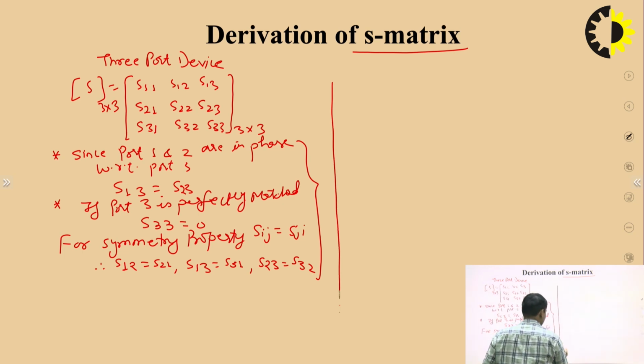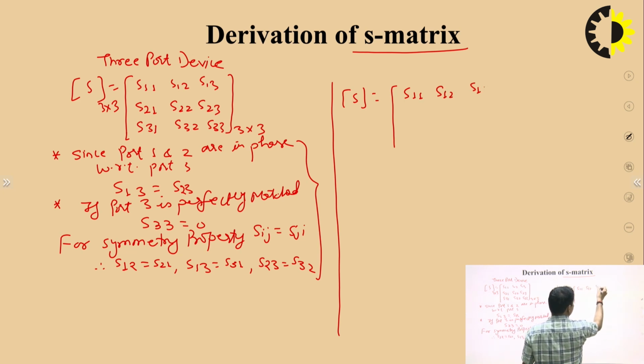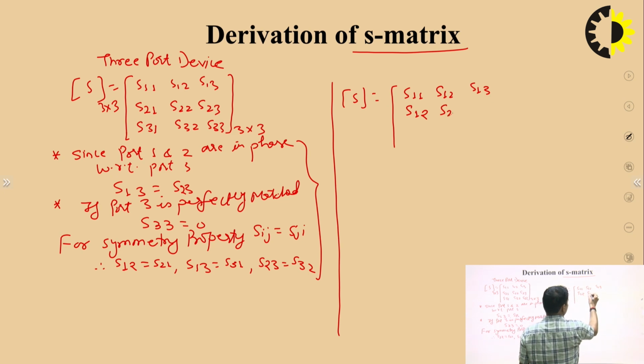So the S matrix can be simplified as S equals S11, S12, S13; then S12, S22, S13; then S13, S13, and 0.